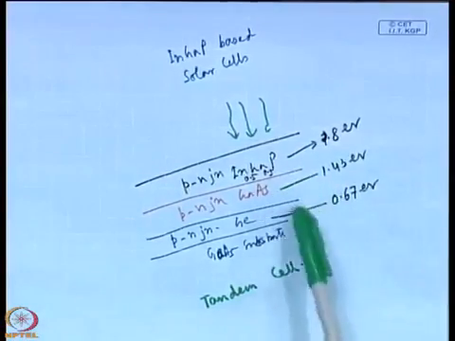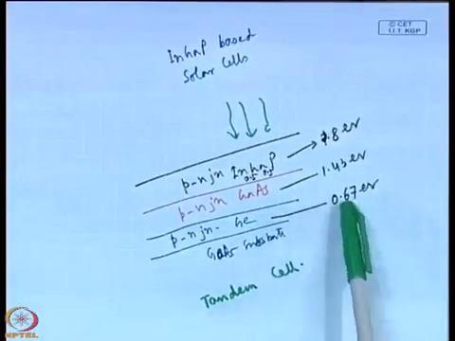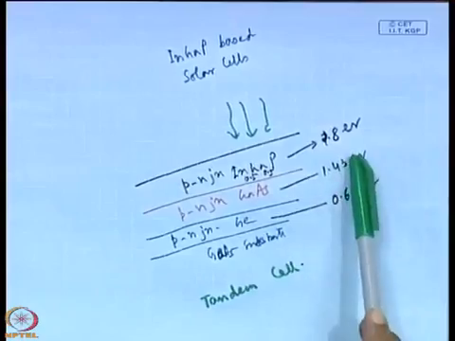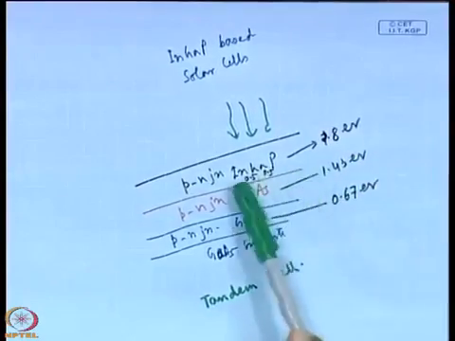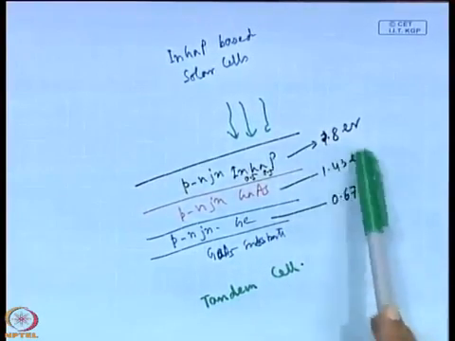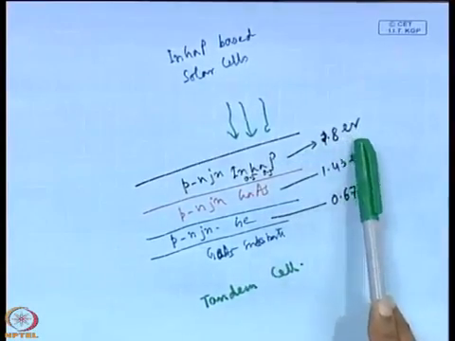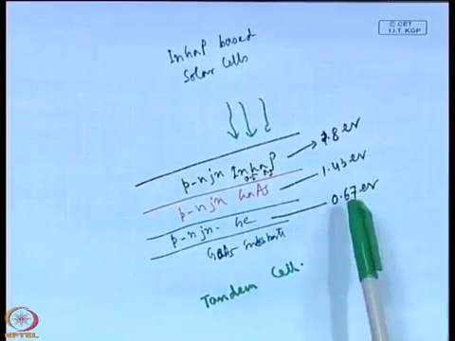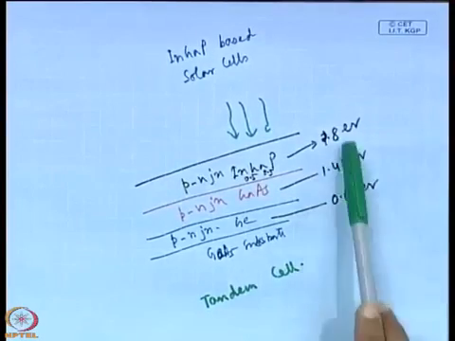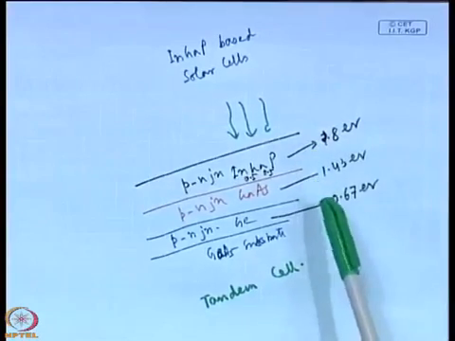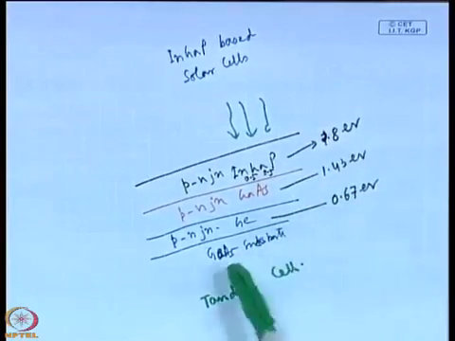And in this case you see that germanium has the lowest band gap, gallium arsenide is somewhat higher than germanium, and indium gallium phosphide is the highest in this series. We have to place the top layer with the highest band gap and the bottom layer with the lowest band gap, so that the top is a window for the solar radiation which will be absorbed in the germanium layer.